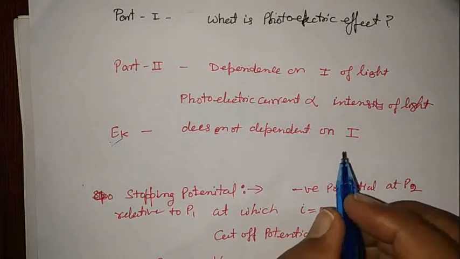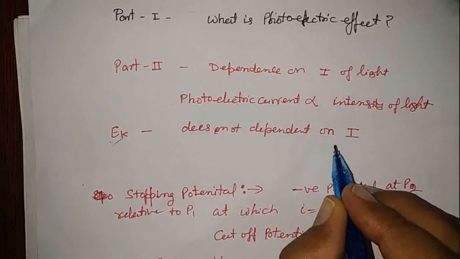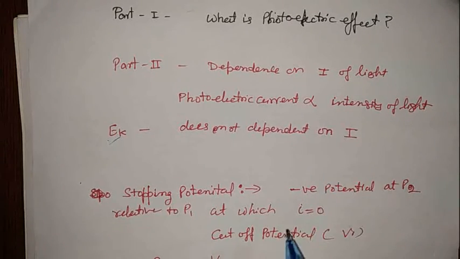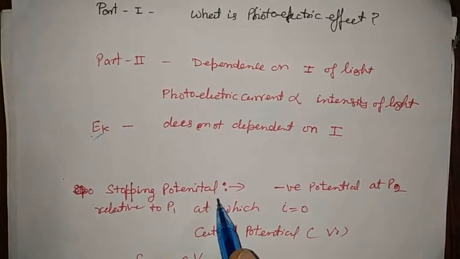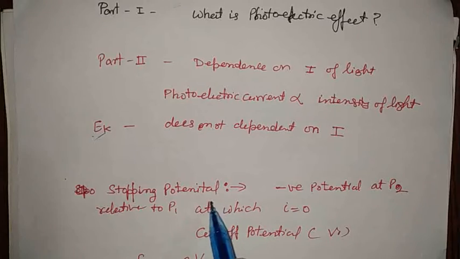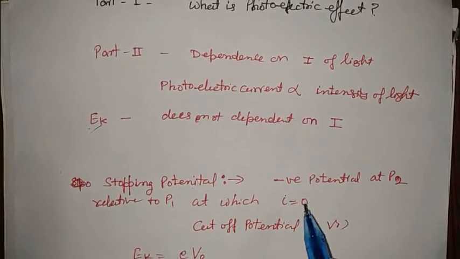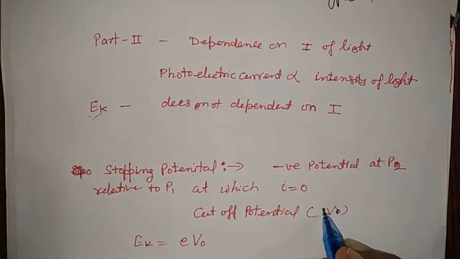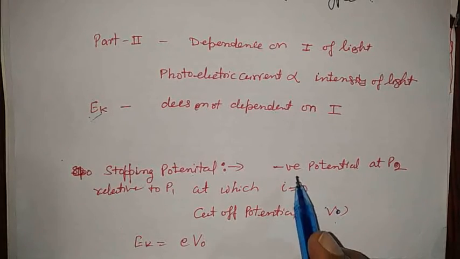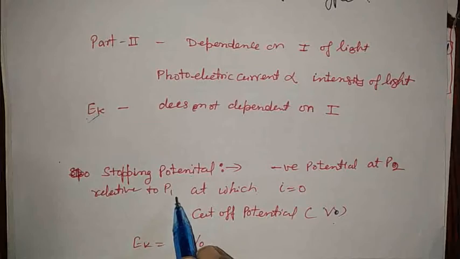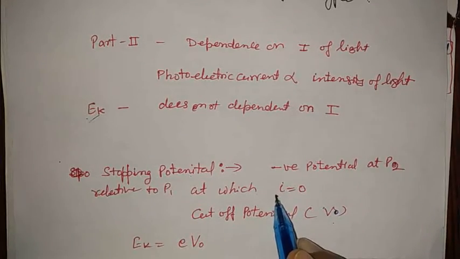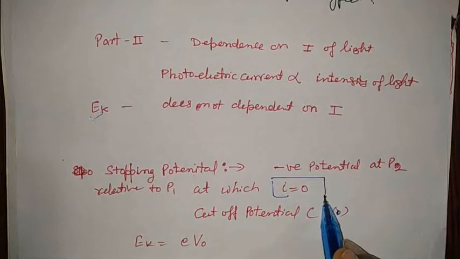And here, when we were discussing the dependence on the intensity of light falling on the plate, we derived an important term, the stopping potential represented by V0, that is the negative potential at plate P2 relative to plate P1 when the photocurrent I is equal to 0.